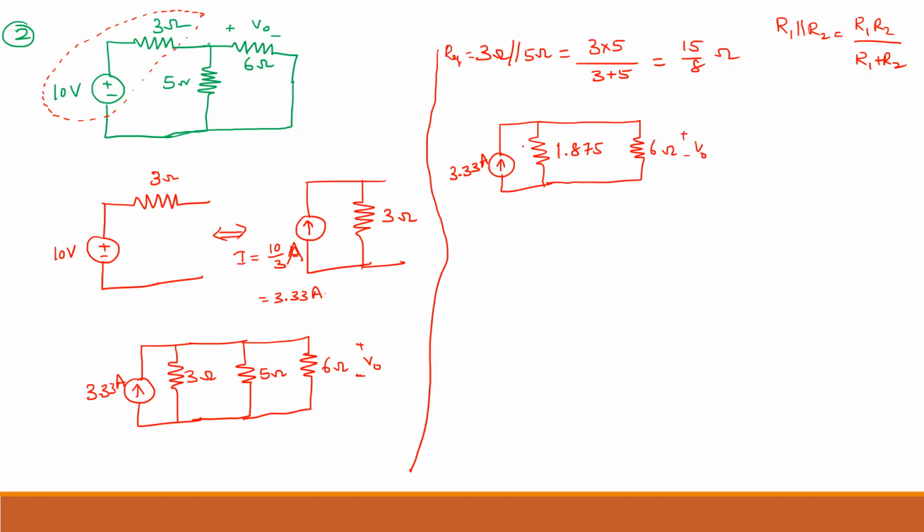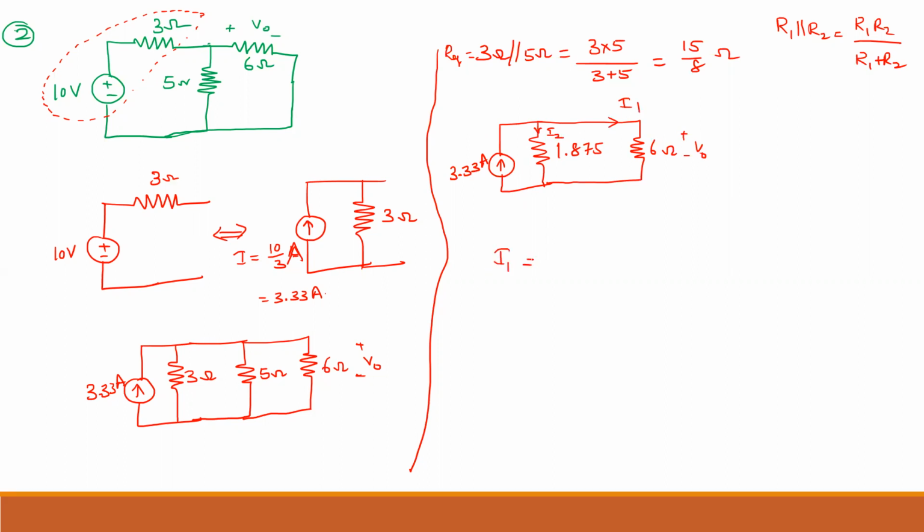Now, if I want to know the voltage, first I have to find how much current is flowing. Let us take this current as I1 and this as I2. Anyway, I'm not going to calculate I2, which is not required. I will calculate just I1.